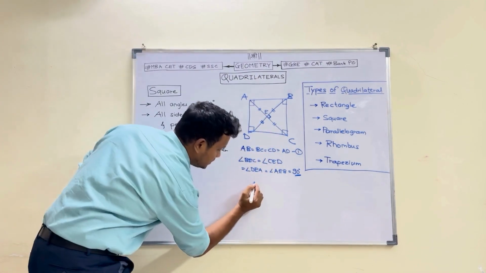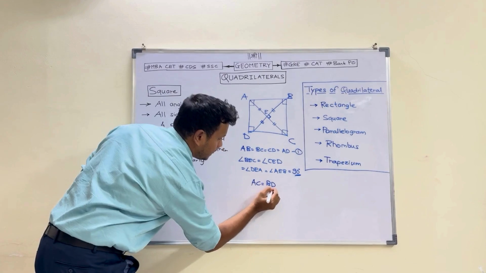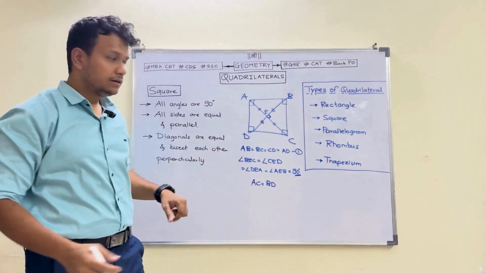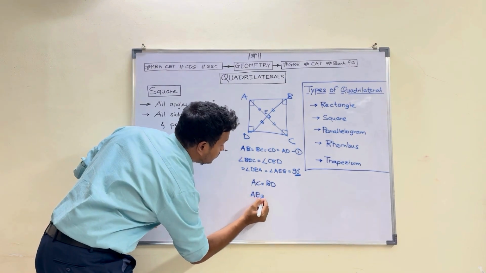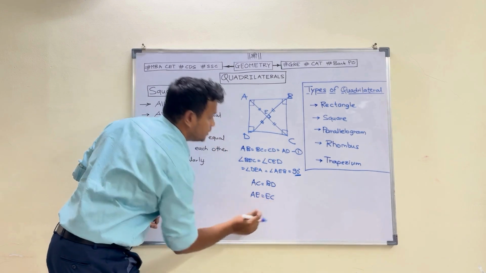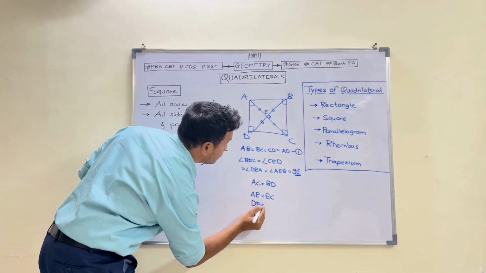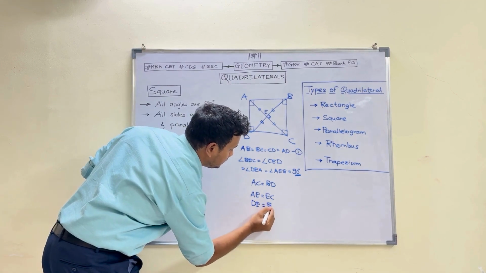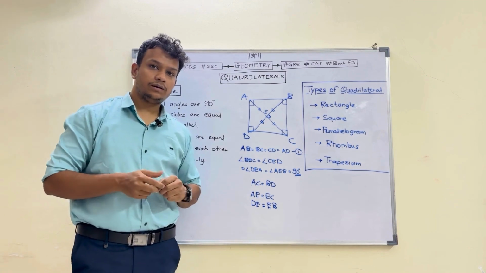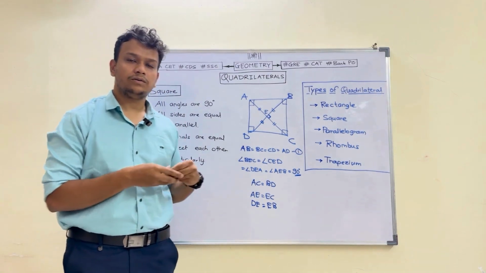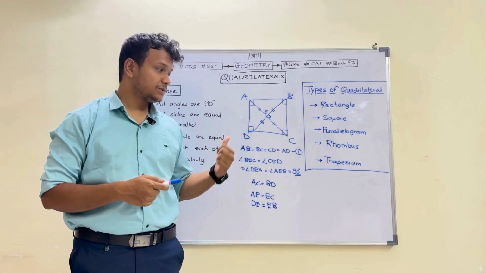So diagonal AC should be equal to diagonal BD, and as they are bisecting each other, the length of AE should be equal to the length of EC. Same goes with the second diagonal. Length of DE should be equal to EB. So these are the three properties of a square, and square is one of the most important quadrilaterals, and most of the questions which are asked in competitive exams are from square.